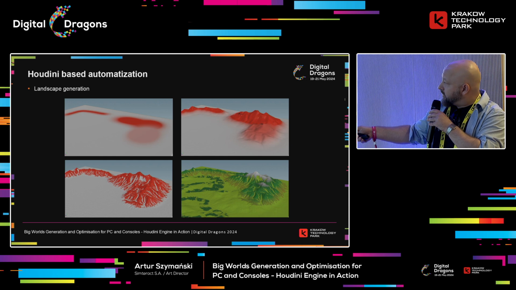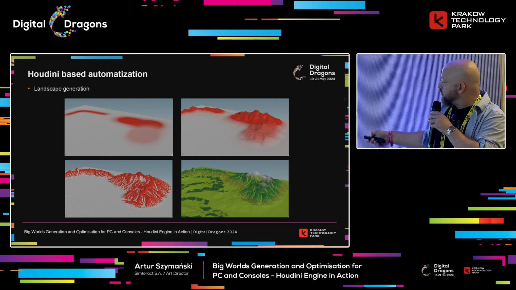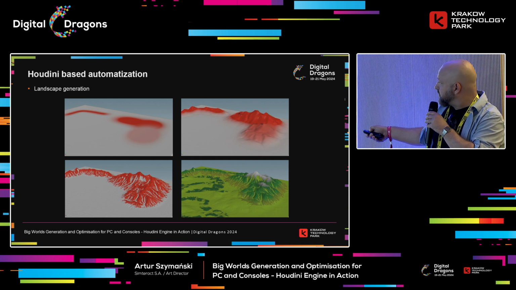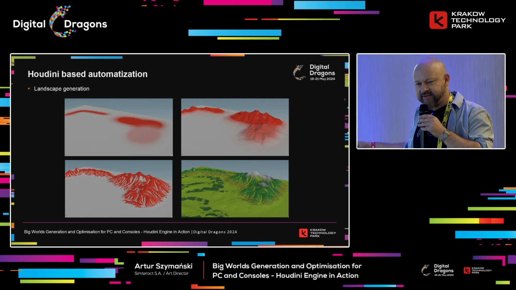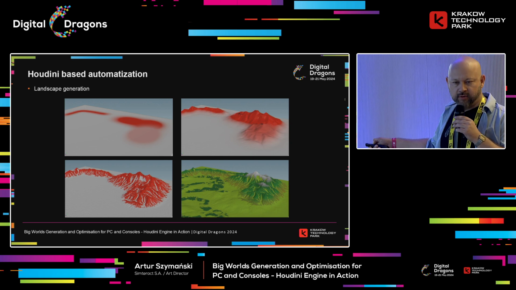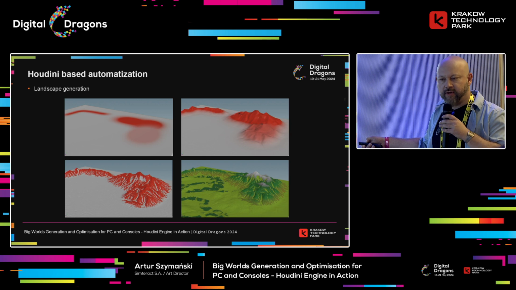And along with those erosion simulations, we had information about potential snow cover, about range of forests, and type of objects that we'll then use in Unreal for generating proper landscape material.